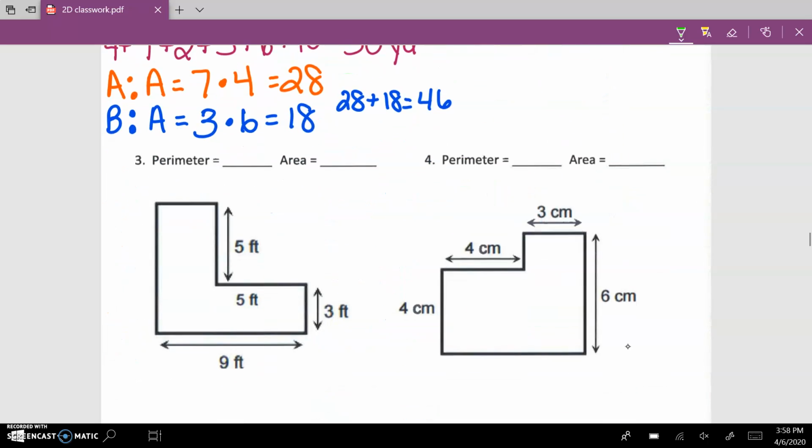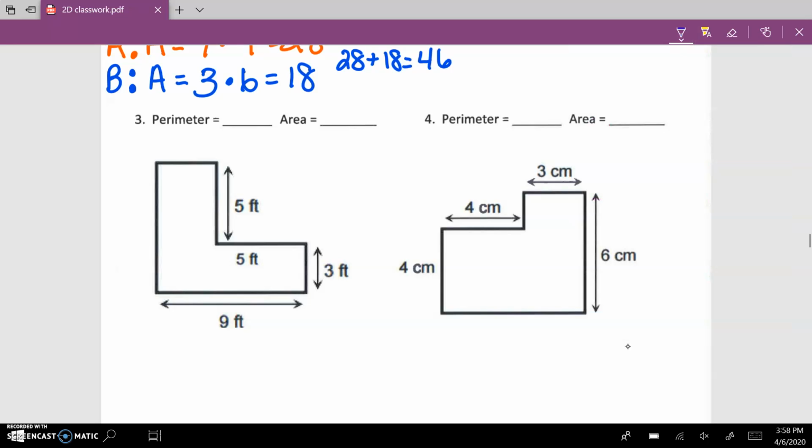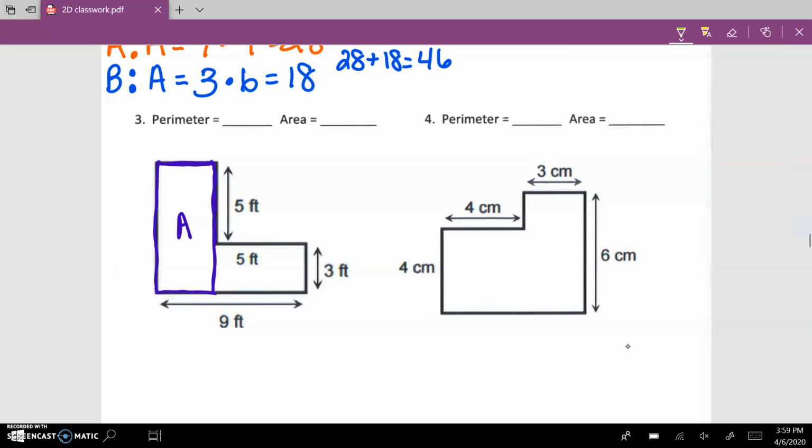And then if we go down to number 3 here, it's just kind of like an L. So we're just going to need 2 separate areas. Off to the left-hand side here in purple, it's a big rectangle going up and down. This will be shape A. And then to the right of that, here in green, this can be shape B.